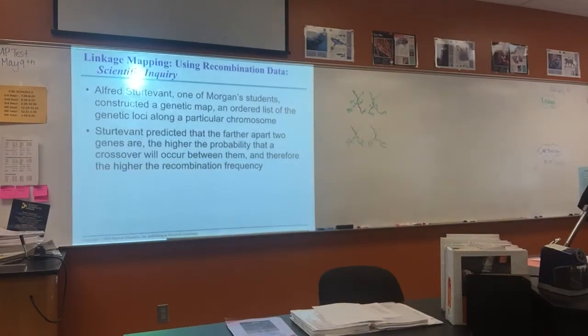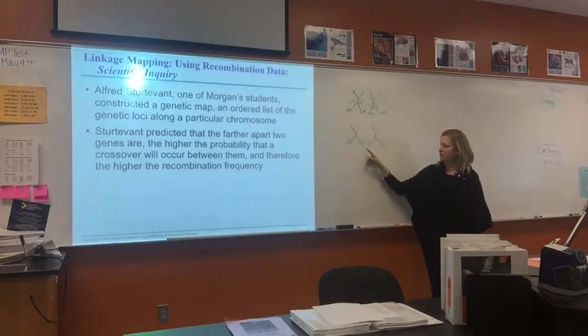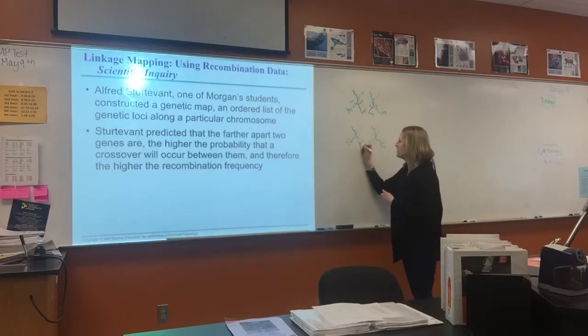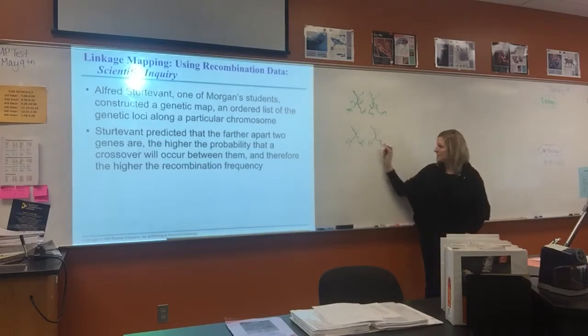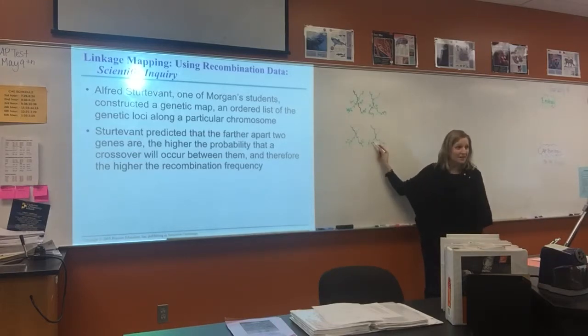How do I get a new combination? Crossing over has to occur between the genes, right? So therefore, when these two arms cross, where they cross has to be in just that little area here. So the likelihood it's going to be in that little area goes way down.